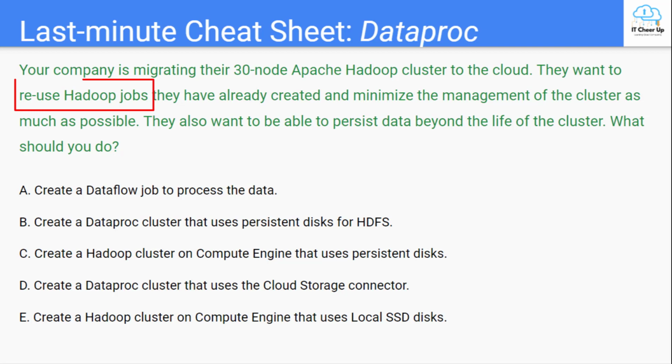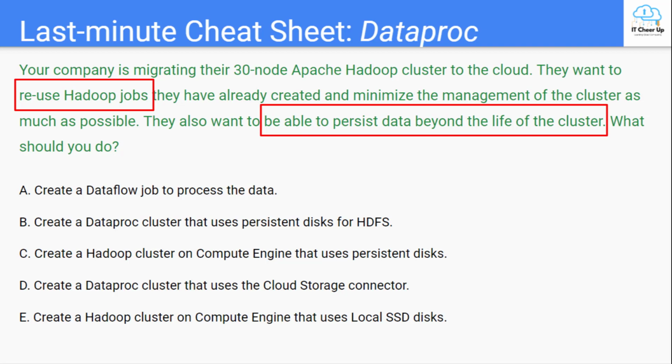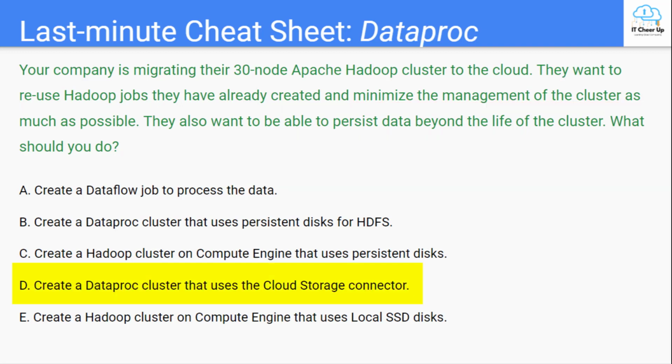Reuse Hadoop jobs rules out answer A. Be able to persist data beyond the life of a cluster rules out answers B and E. By the way, you can review the difference between persistent disks and local SSD in the GCP GCE storage options video. Minimize the management of the cluster rules out answer C, so the correct answer is D.